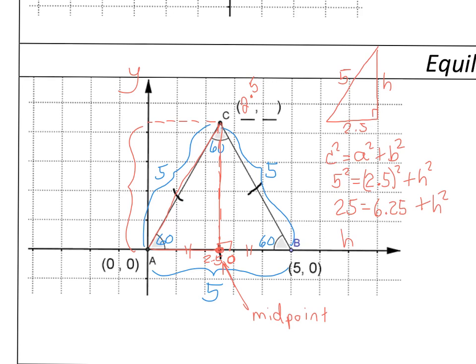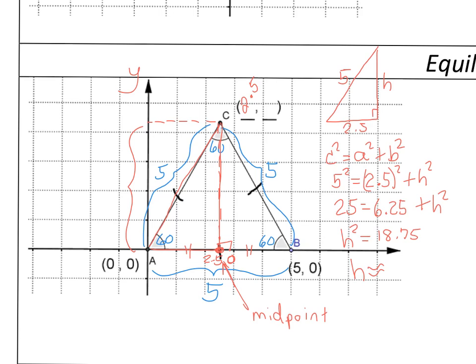And I'm going to use my symmetric property here and move everything over. If I subtract 6.25 from 25, I get 18.75. So if I take my calculator, I'm going to have to approximate that height, because 18.75 is not a perfect square, therefore it's an irrational number.